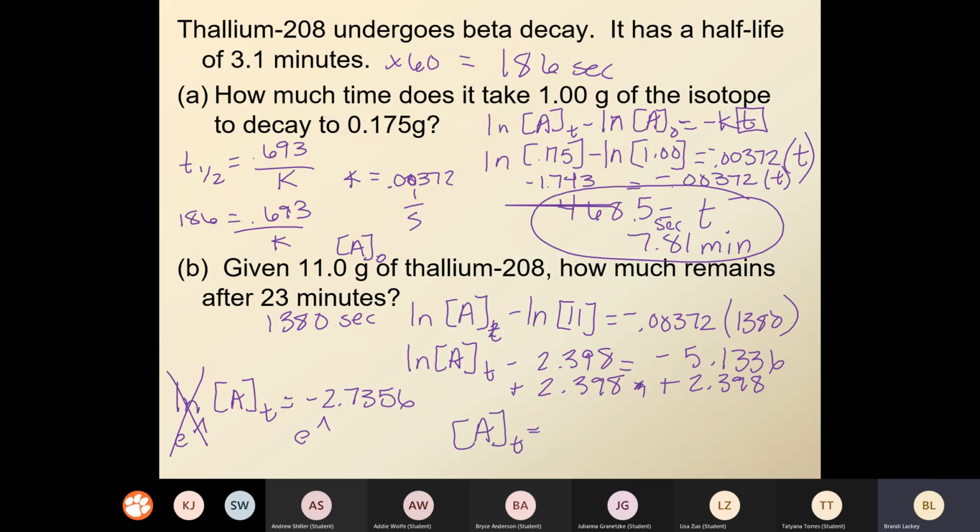So if we do e to the negative 2.7356, we get that A is 0.040649 grams. Sorry, I'm a little dyslexic, y'all.